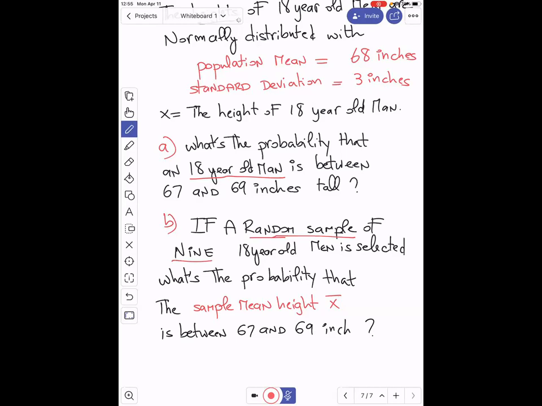All right, guys. I'll give you a couple of minutes to think about this. It is very similar to the example we had with the length of a fish.